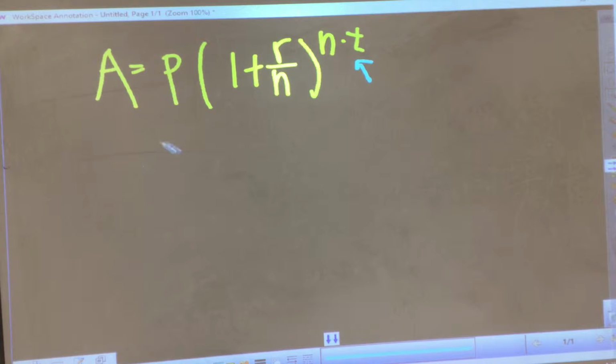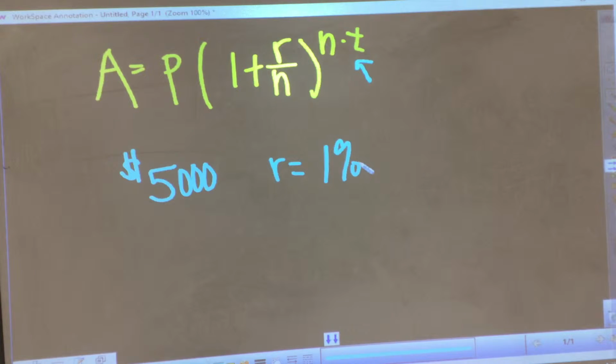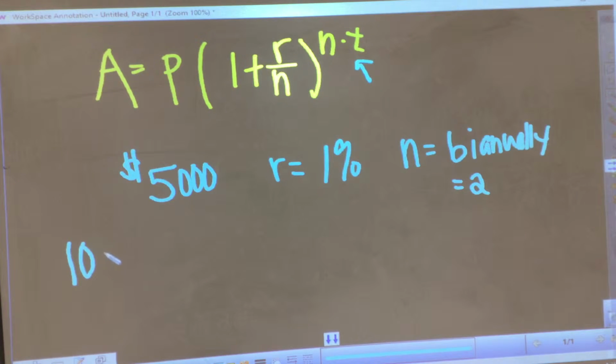Okay, so let's say we start with $5,000 and we're growing at a rate of, let's say, 1%, and it's compounded biannually, so twice a year. So n equals 2. How long will it take us to get $10,000?